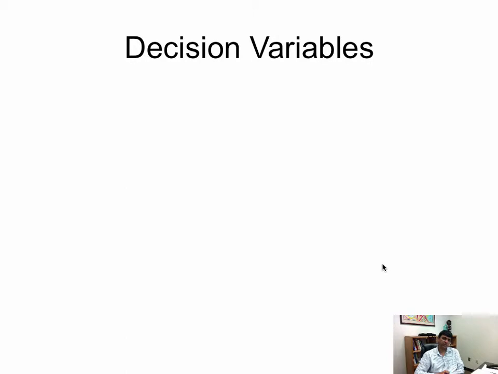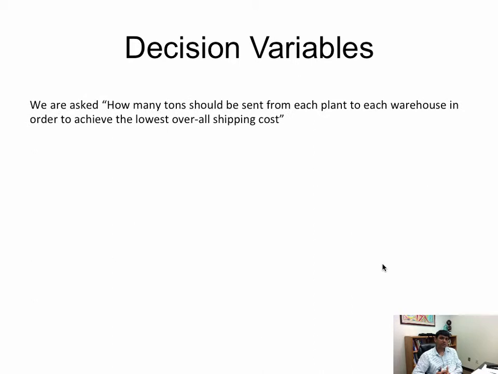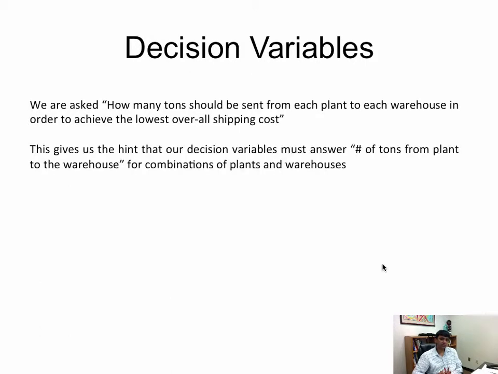As we have done in the past, our first goal is to identify the decision variables. We are clearly asked how many tons should be sent from each plant to each warehouse in order to achieve the lowest overall shipping cost. This indicates that our decision variables must represent the number of tons from plant to warehouse for each combination of plants and warehouses.